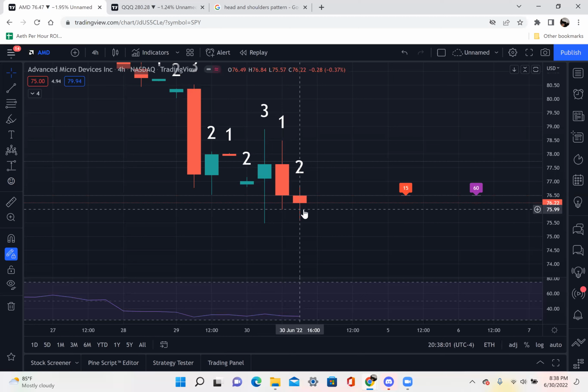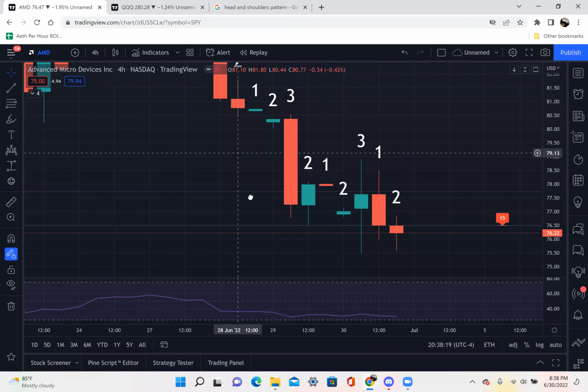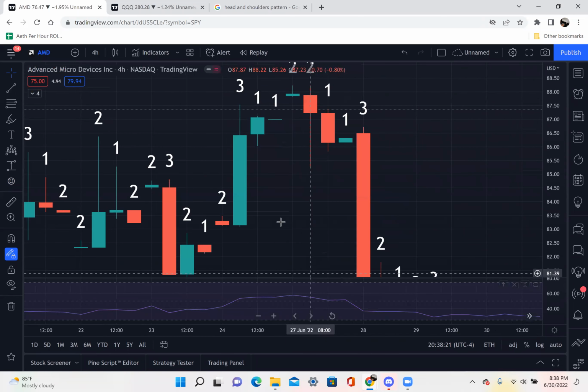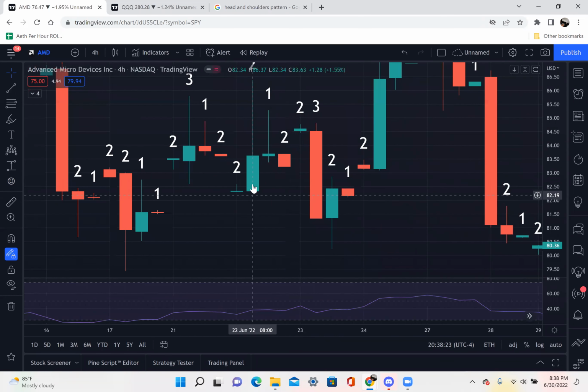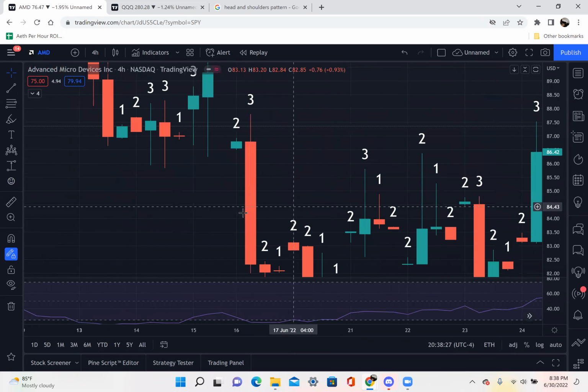You can see that once it broke right here, it fell even further down to try to take out this target. But that's neither here nor there. That's talking about the strat patterns. A 2 up, see, because this is still green, and this is a 2 down because we broke the previous low of the previous candle. A 2 up now, come on, 2 ups will always, that's not a good one to explain.